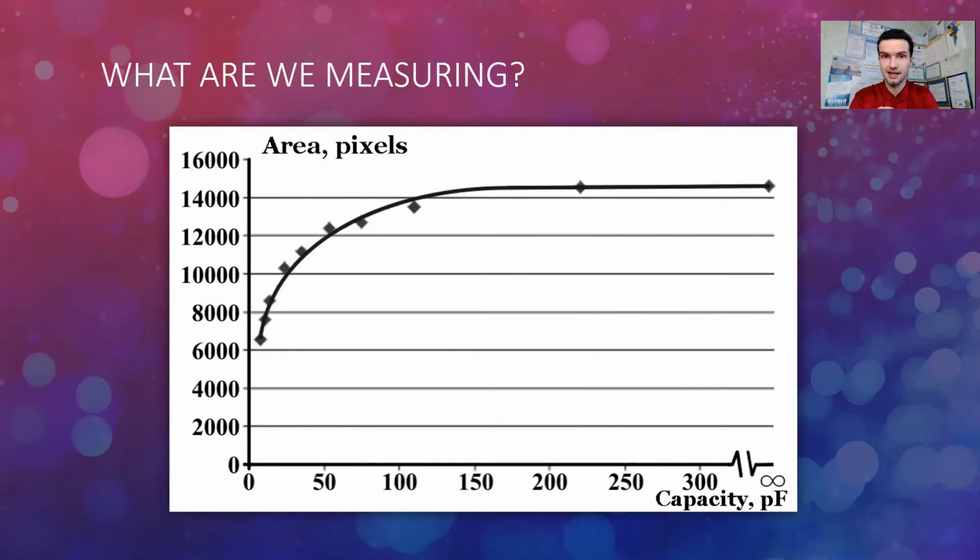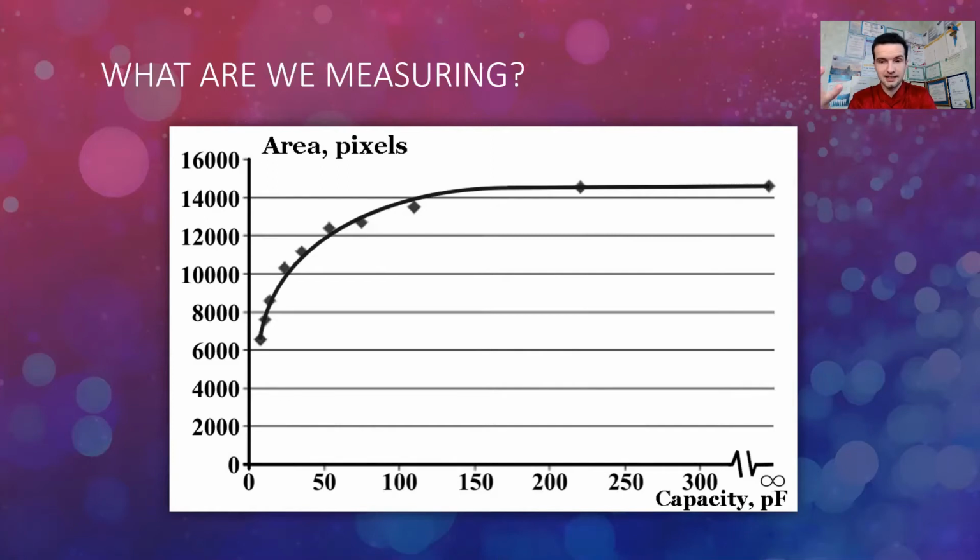So the amount of pixels, the area, was increasing not because we were increasing the voltage of the device, but because we were increasing the capacitance of the object that is placed on the surface of the GDV device.